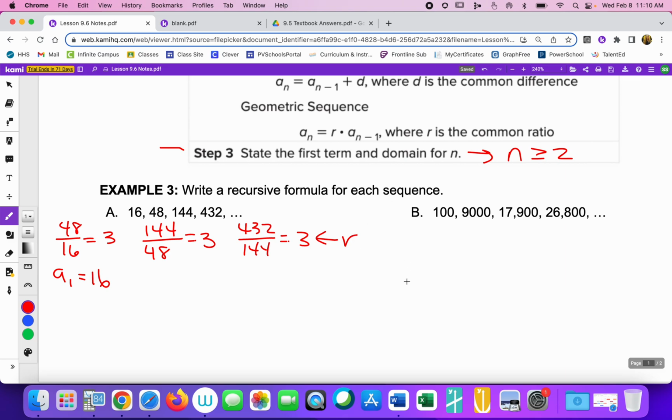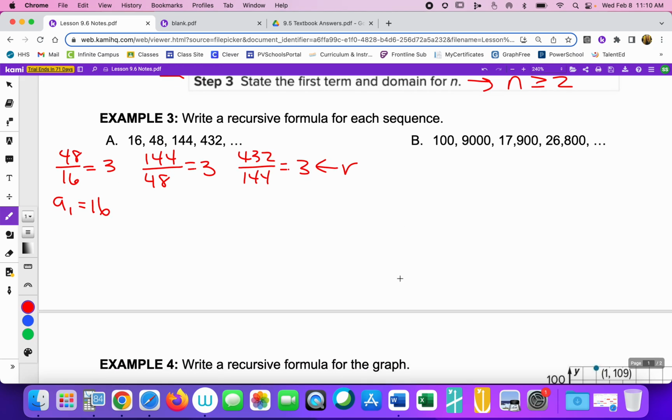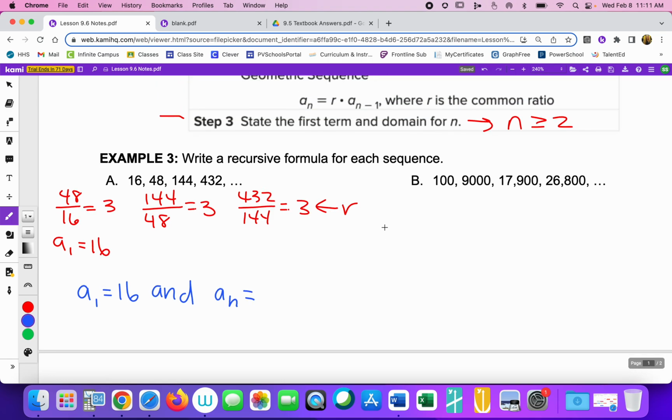So looking up at example 2, since that one's geometric, we're going to write the same thing. For example 2, it starts off with, I'm just going to switch colors here, first term is 16, and, or if you just put a comma there, that's fine, a sub n equals what? It's in the chart right above this.